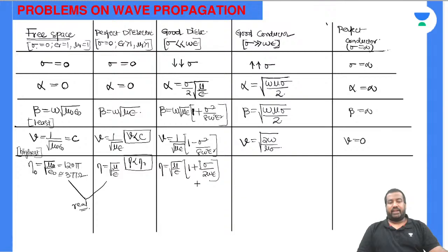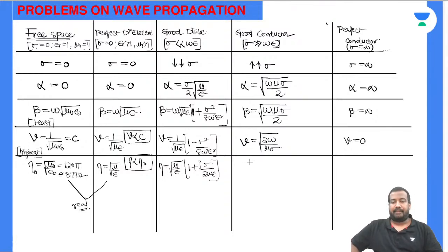Once the conductivity comes into picture, a reactance component comes into the intrinsic impedance. Therefore it becomes complex. That reactance can be positive or negative. Positive reactance indicates inductive, negative reactance indicates capacitive.